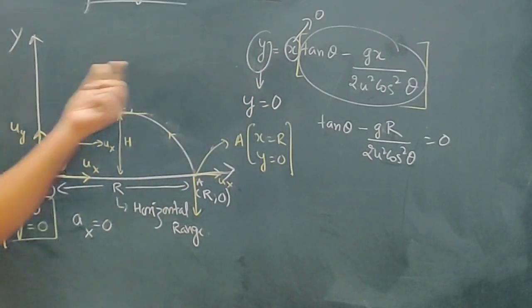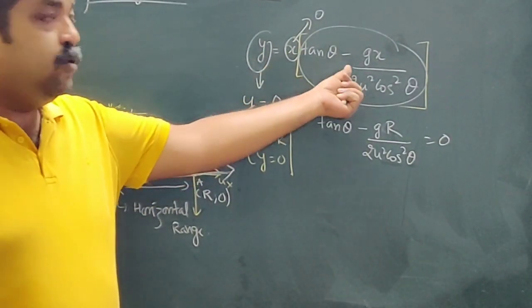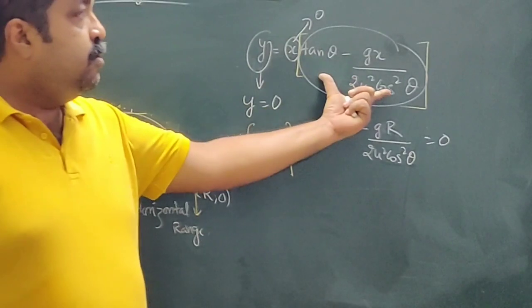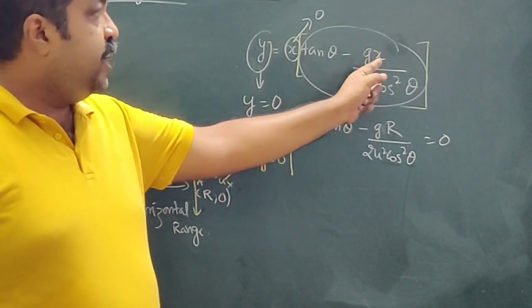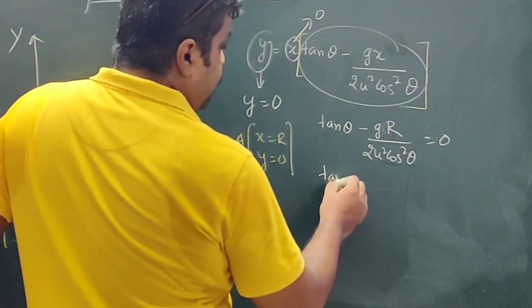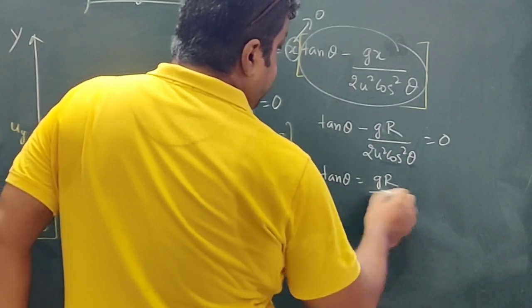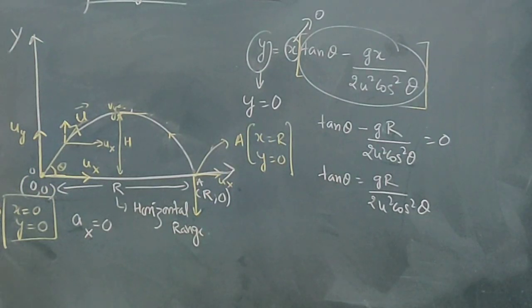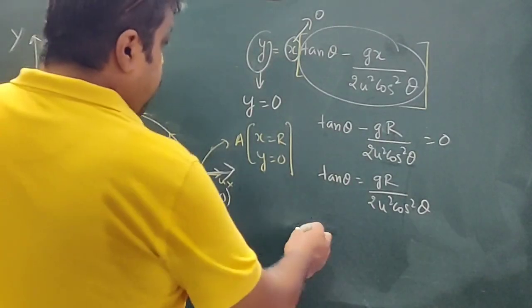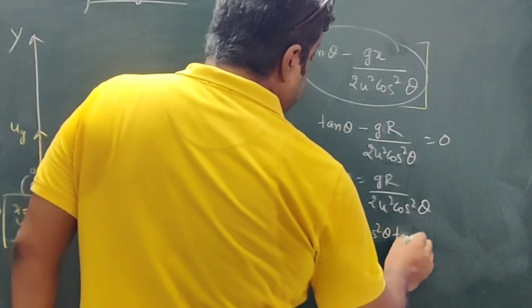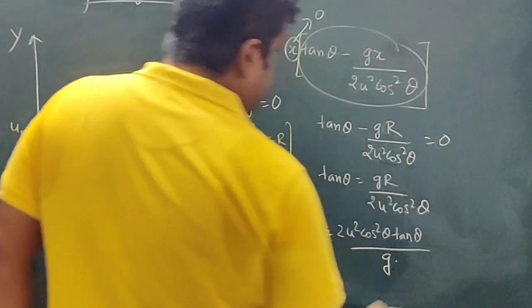For y equal to 0, y is the product of these two terms, so either x equal to 0, or this term equal to 0. But if this term is equal to 0, that represents x equal to r. So I have made x equal to r. If I take this term to the other side, tan theta is equal to gr divided by 2u square cos square theta. So r equal to 2u square cos square theta tan theta by g.